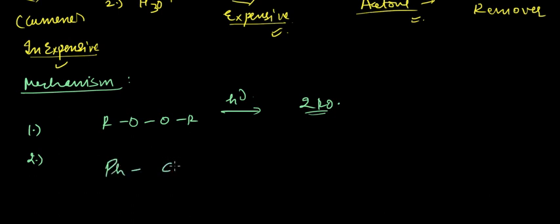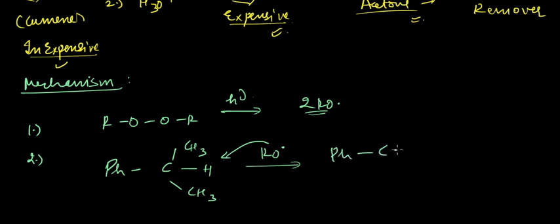So we have the cumene, something like this, CH3 is here, and CH is here, and again CH3 is here. So what this RO dot will do is, it will take away the H dot, and it will create a free radical, a cumene free radical.